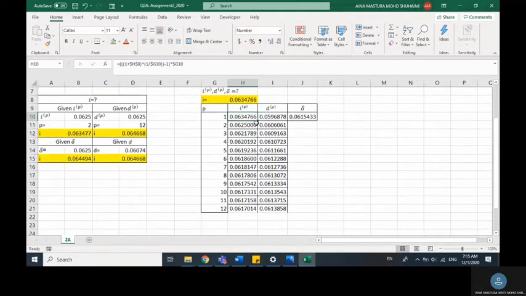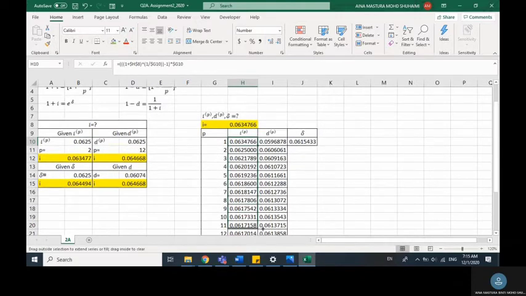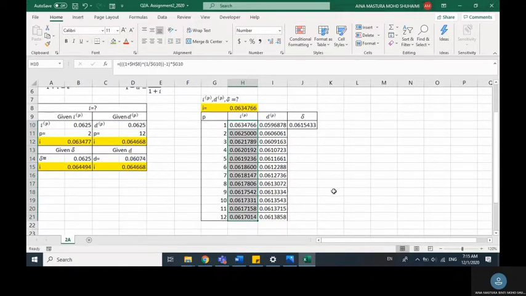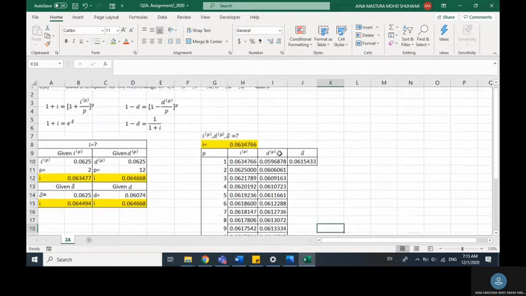Then we drag it from P1 to P12 to find the values of I1 up to I12.